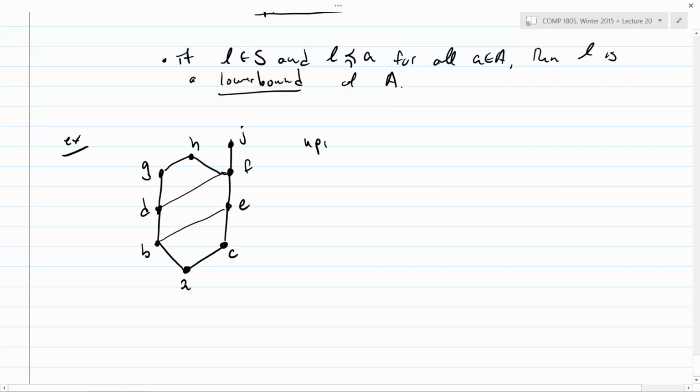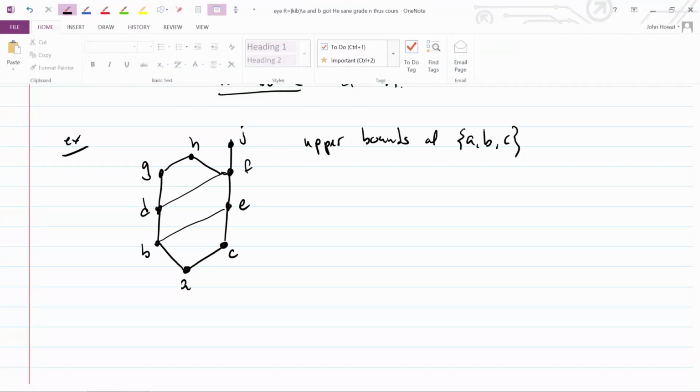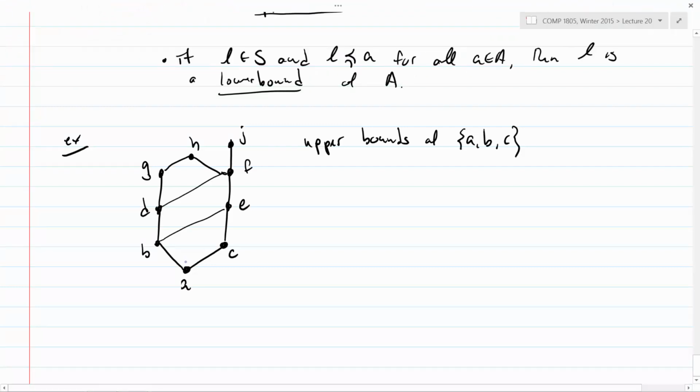So let's start with upper bounds of A, B, C. To answer these questions, I suggest you highlight the subset you're interested in. So I'm interested in A, B, C, and I want to know what the upper bounds are.